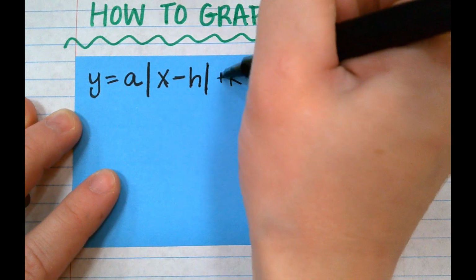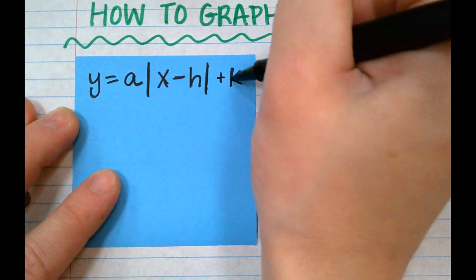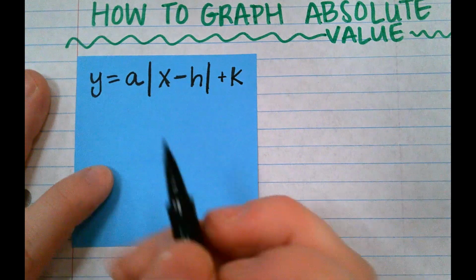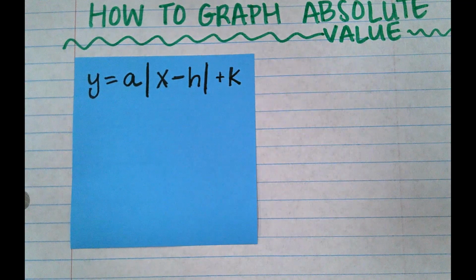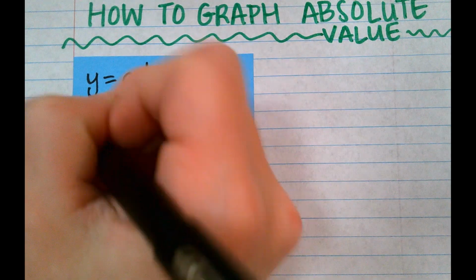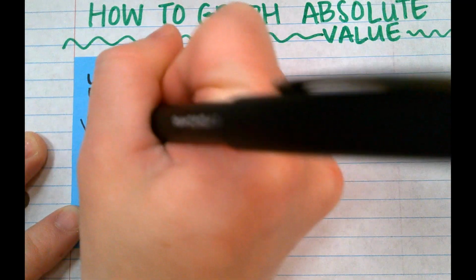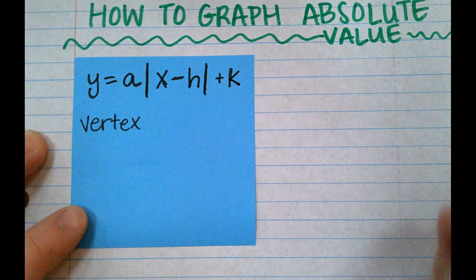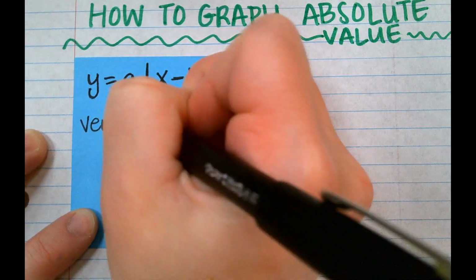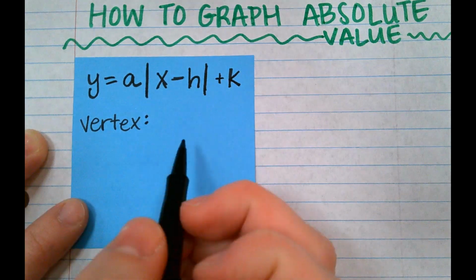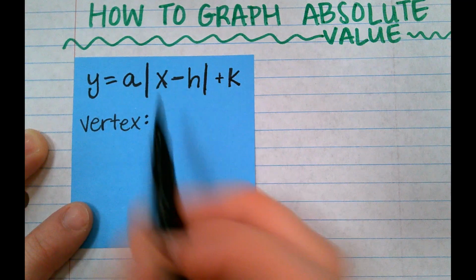And then I am going to give you a couple of other little things. So first of all, on a graph for absolute value, we have a special point that is a lot like the last unit that we had. We have a vertex. And that vertex can be found just by looking at the equation here.